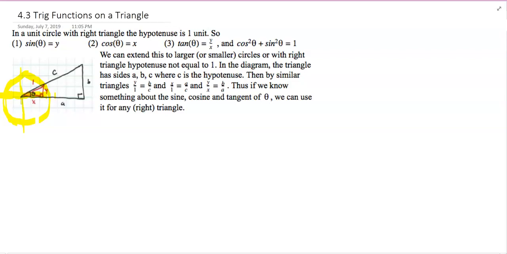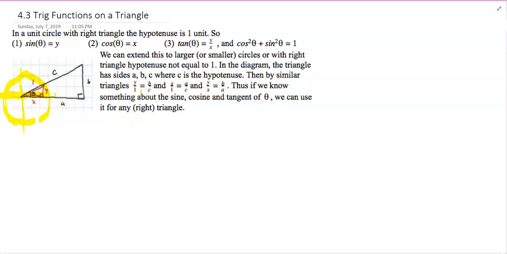In the diagram, the triangle has sides a, b, c, where c is the hypotenuse. Then by similar triangles, y over 1 is equal to b over c, just by the ratio, the relationship between the sides. The ratio y to 1 is equal to b over c, and x over 1 is equal to a over c. y over x is equal to b over a.